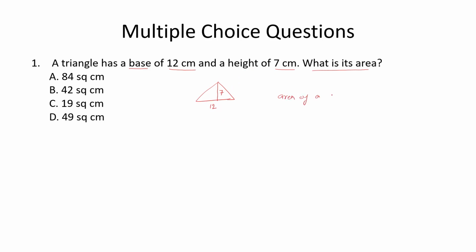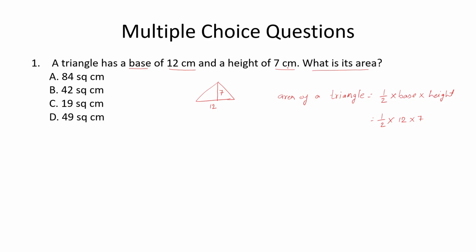Area of a triangle. Do you remember that? Area of a triangle is 1 by 2 into base into height. So now base is given, height is given, you just have to compute it. So 1 by 2 into what is base? Base is 12. How much is height? It is 7.